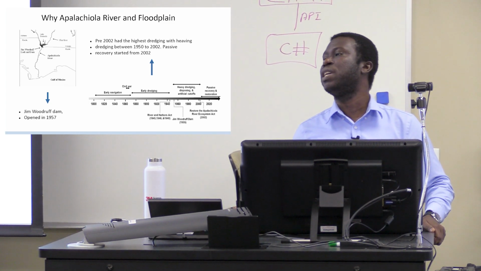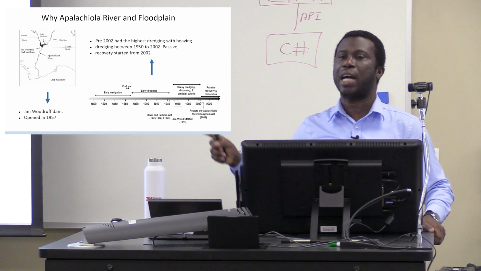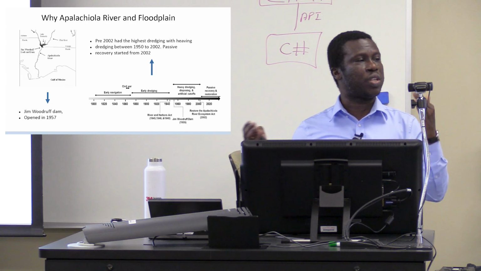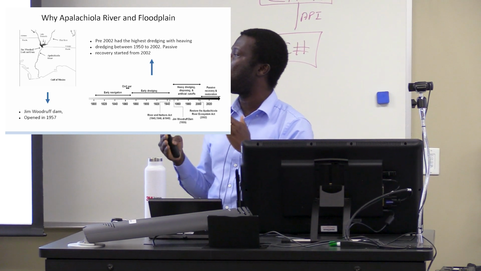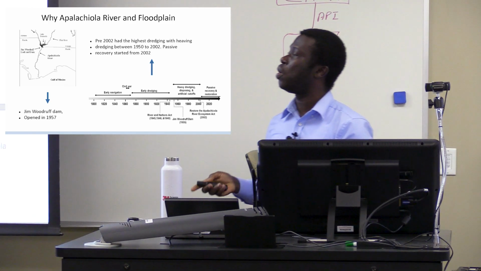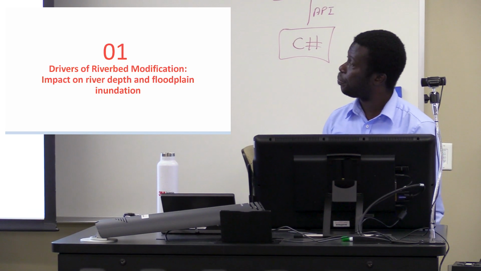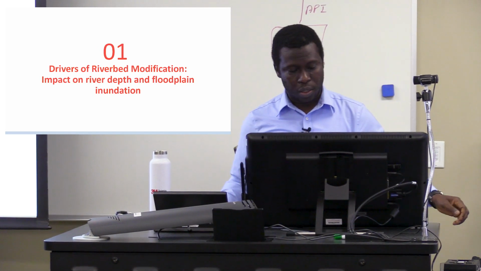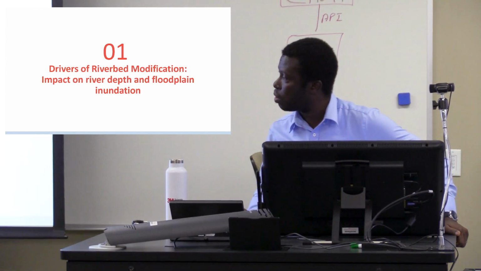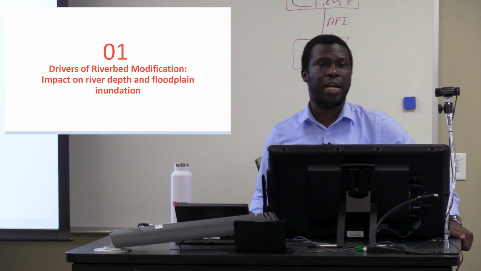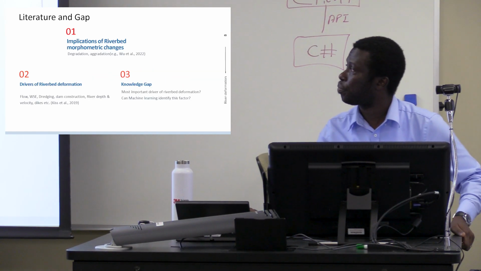But it still doesn't mean that the impact of all these activities is no longer felt. So today I want to show everyone how much change has actually occurred within this river. The first paper I'll present is Drivers of Riverbed Modification, Impact on Depth and Inundation.